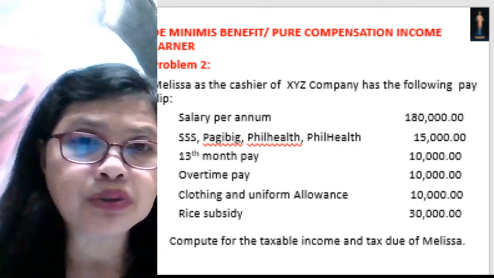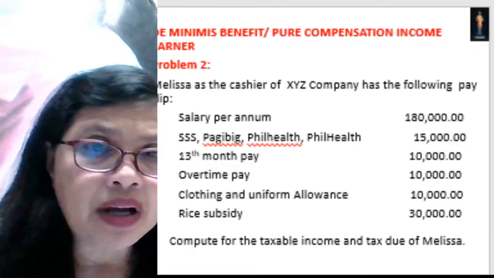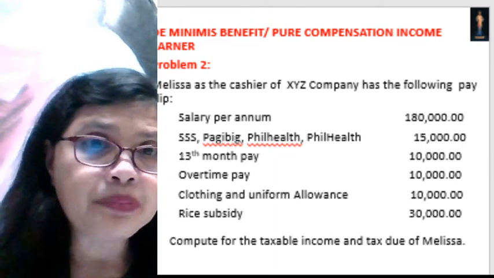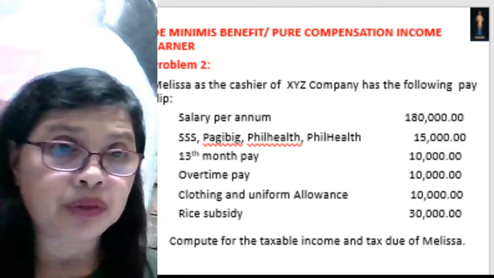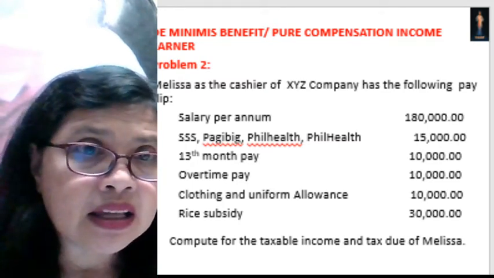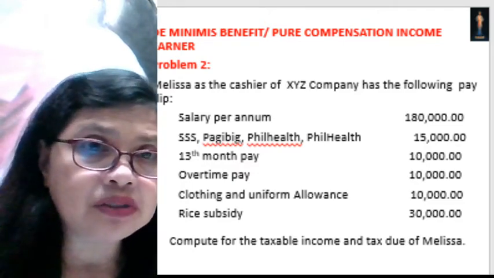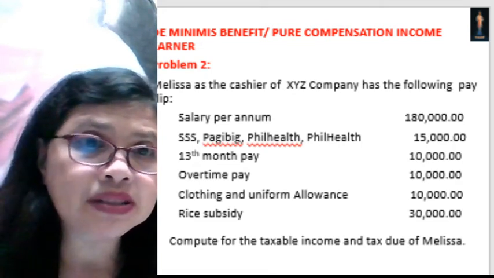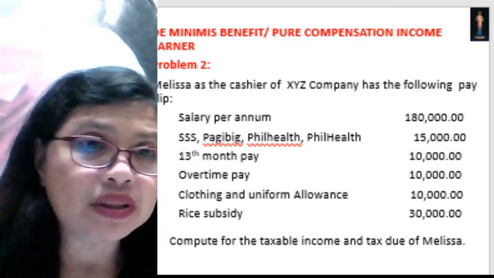Okay, so how shall we solve this problem? The salary per annum is 180,000, and then there are other benefits. The other monthly contributions, SSS, pag-ibig, PhilHealth, 15,000, the 13th month pay of 10,000, overtime pay of 10,000, clothing and uniform allowance, and rice subsidy as your de minimis benefit.